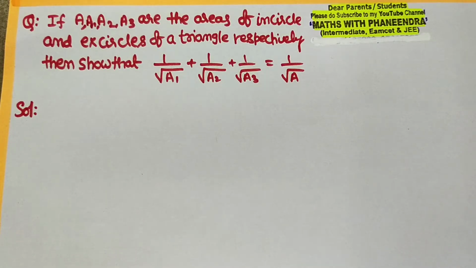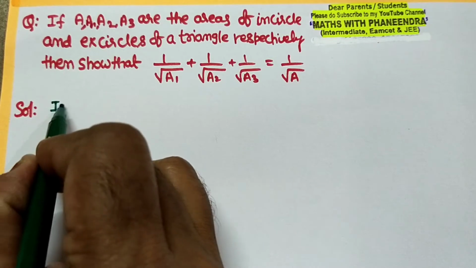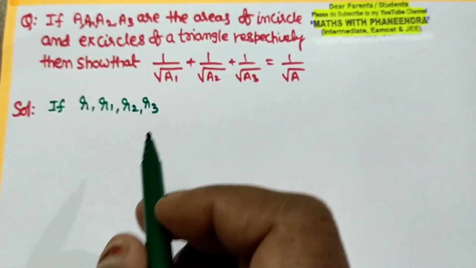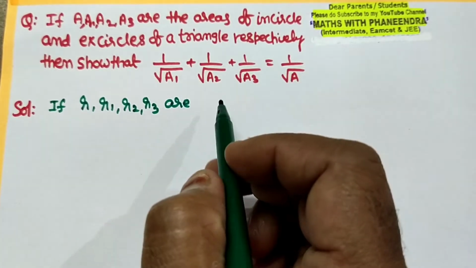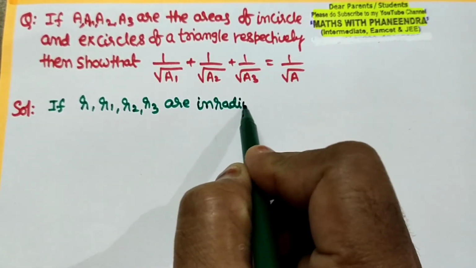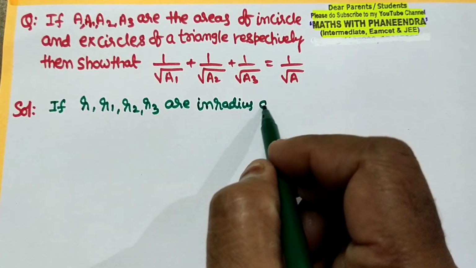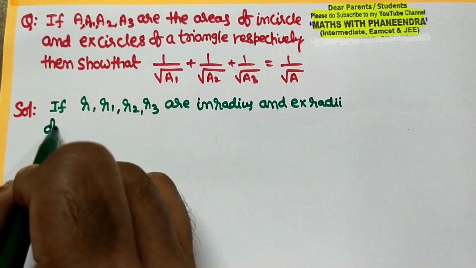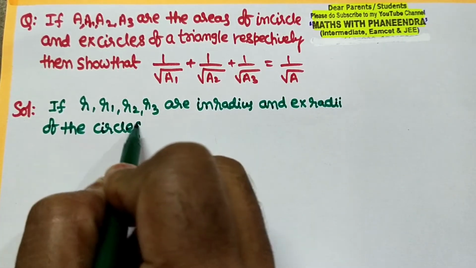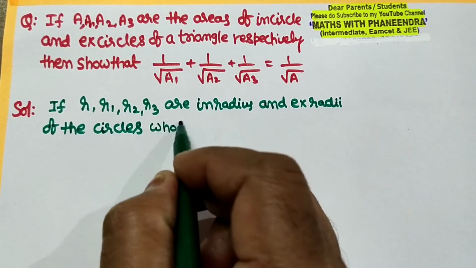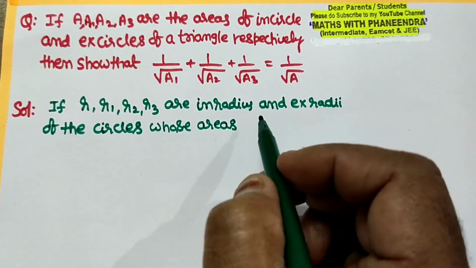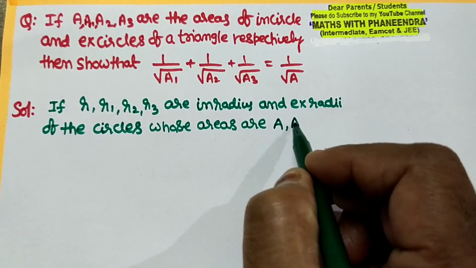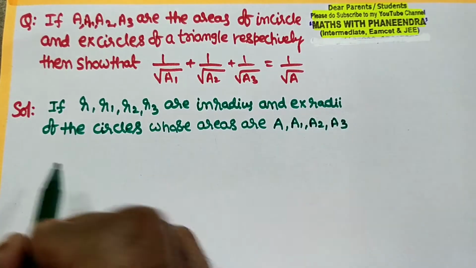So now if small r, comma r1, r2, r3 are the inradius and exradii, the plural of radius, of the circles whose areas are A, comma A1, comma A2, comma A3 respectively.